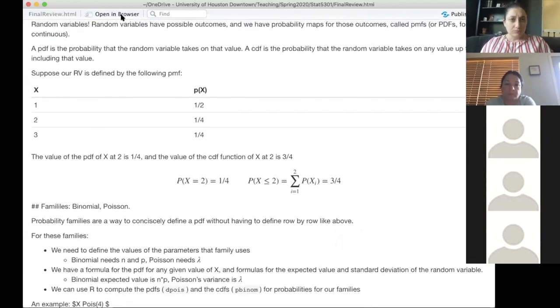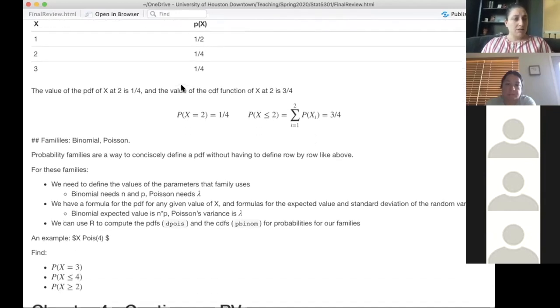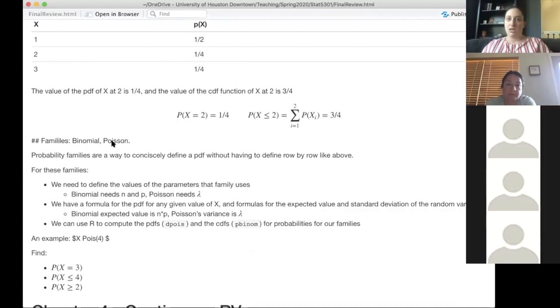So we don't always want to have to define our random variables this way. This is kind of clunky. If we always had to do that, nothing would ever get done. So we have these families, like binomial or Poisson or normal or exponential or Cauchy or chi-squared, or there's a gajillion of them.